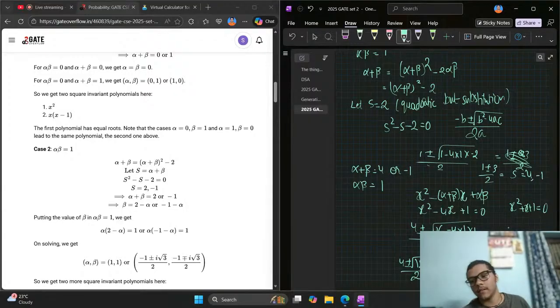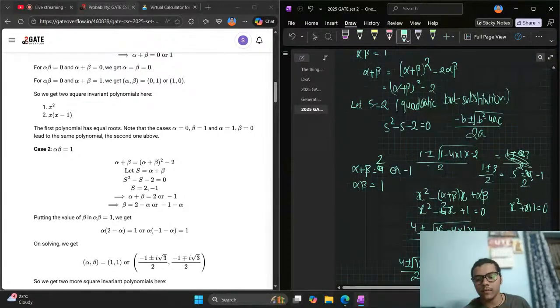You idiot. s is equal to 2, not 4. So this is 2 and this is b square is 4. 4 minus 4.